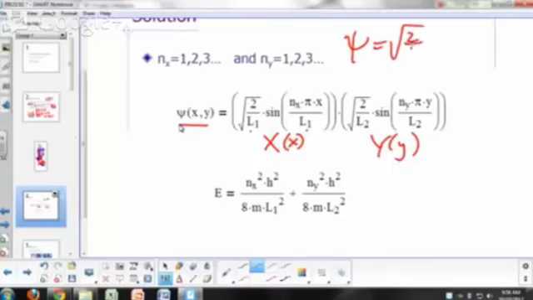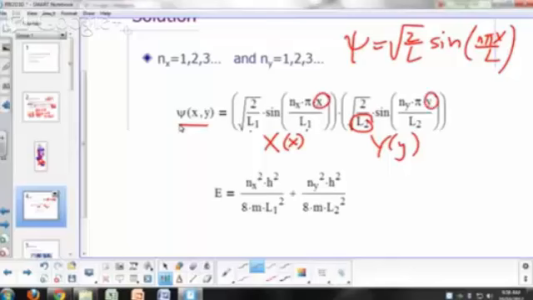Square root of 2 over L sine n pi x over L. So, and then for the function of y, it's going to be square root of 2 over L2 this time, because the length of the box along the y-axis is L2. You're going from y equals 0 to y equals L2. And it's now going to be a function of y, and again, you write L2 here instead of L. All right, so function of x times function of y.